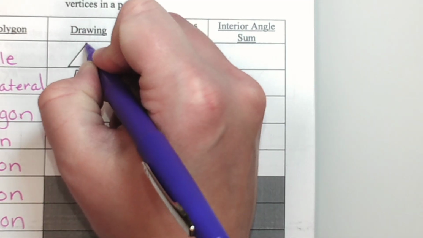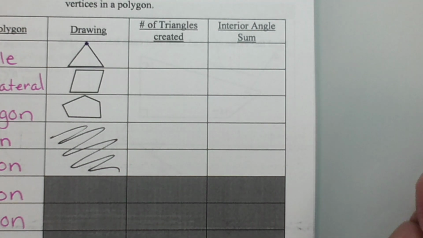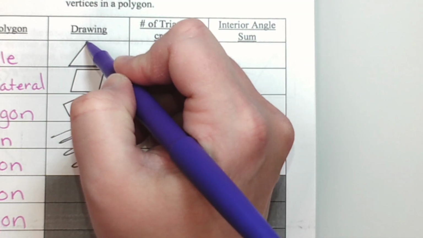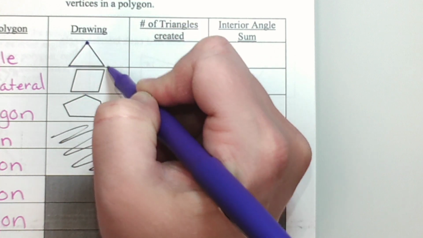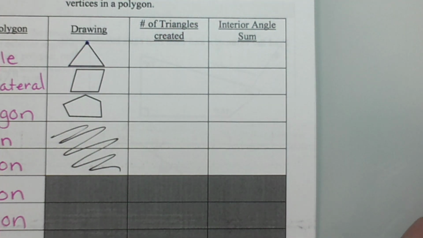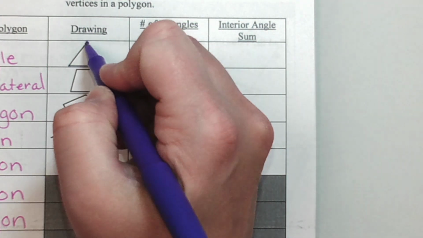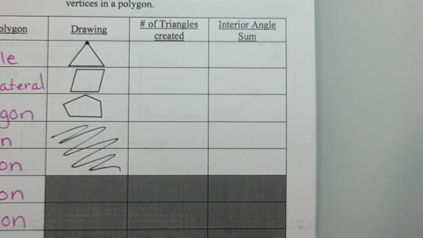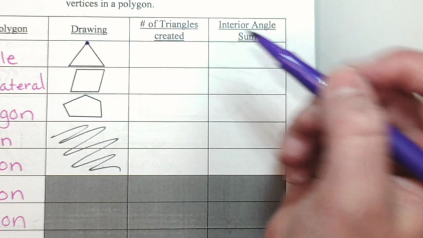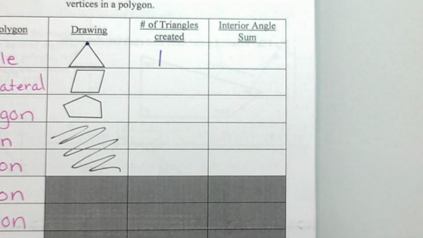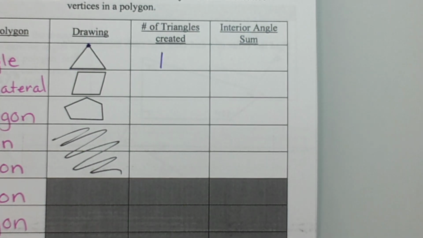So if I look at a triangle, and I try to connect to any corner from this corner right next to it, I'm not going to get a diagonal. When I draw the diagonals off of a single corner in a triangle, I still only end up with one triangle picture.